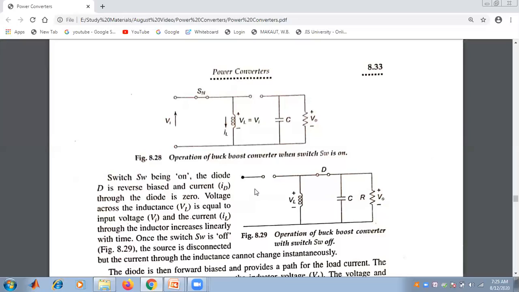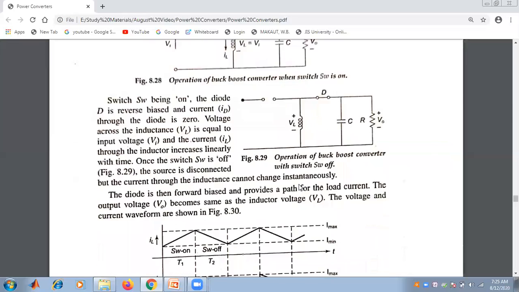As a result, the diode is forward biased, that is, the diode is now in operating condition, and the output voltage is equal to the voltage across the inductor. It is clear when the switch is off.